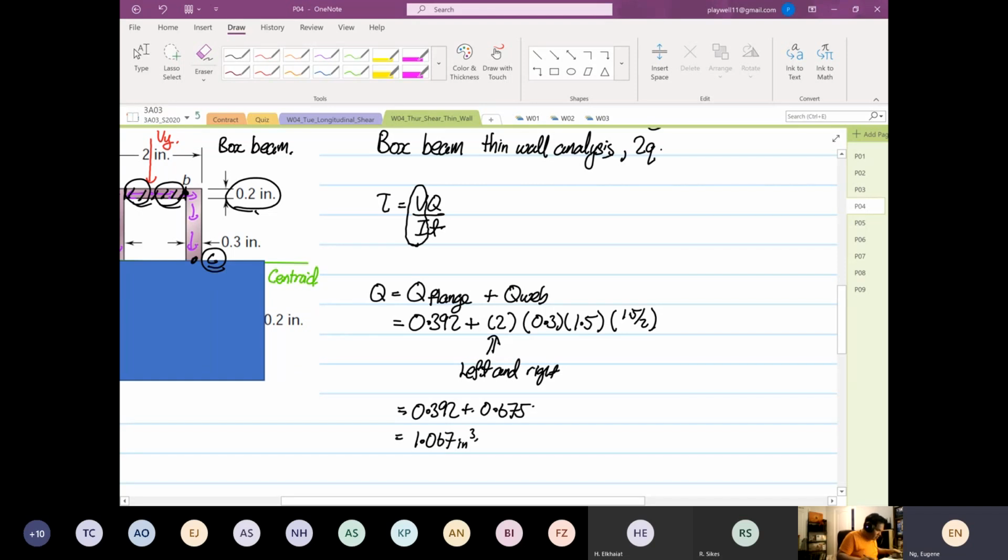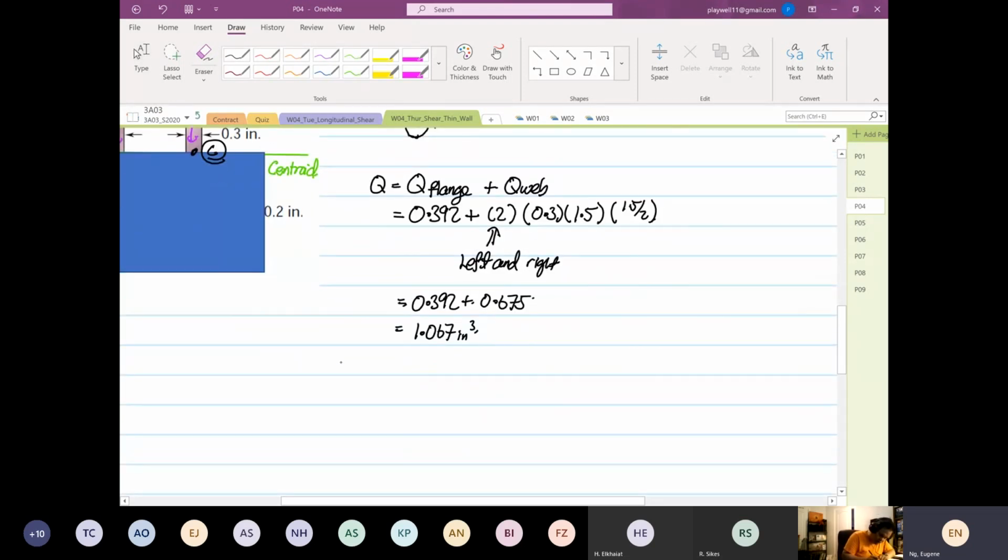From here, the shear stress at point C is equal to V over I, which are constant. The Q is 1.067 and the thickness is 0.3. And you multiply by 2 because you have left and right Q, right?